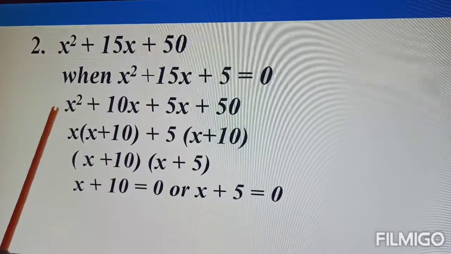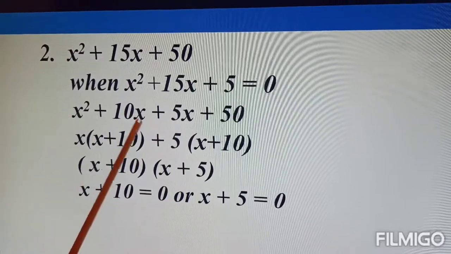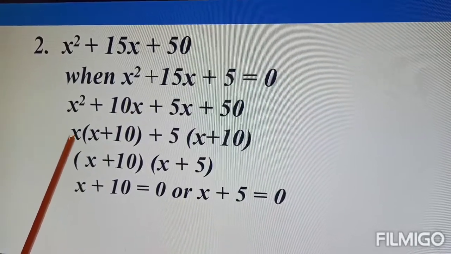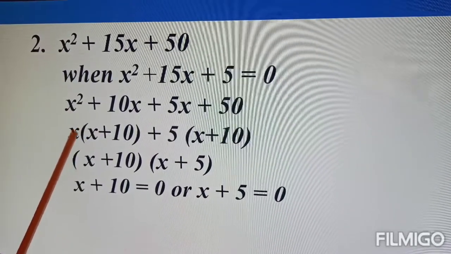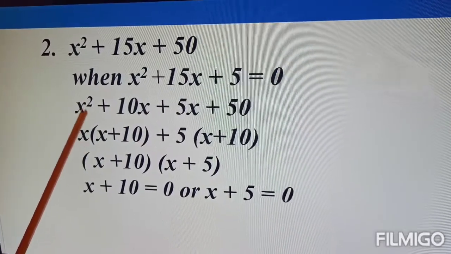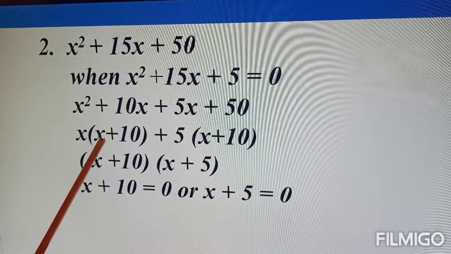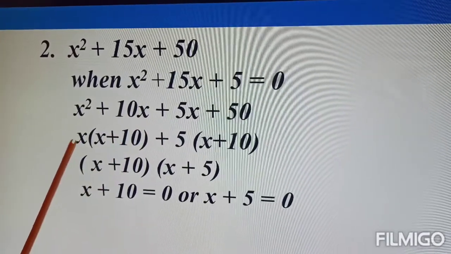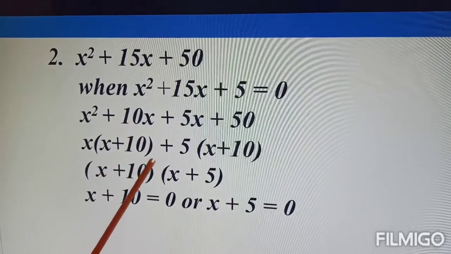Then now make two parts. First two one part, second two one part. From these two, what is common? X is the common factor for the first two terms. From the first term, if we take x as common, x remains inside. From the second term, if we take x as common, then 10 remains inside.